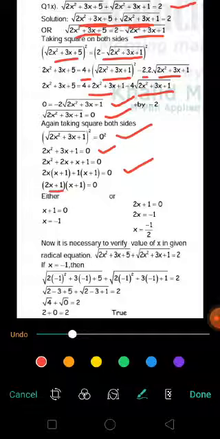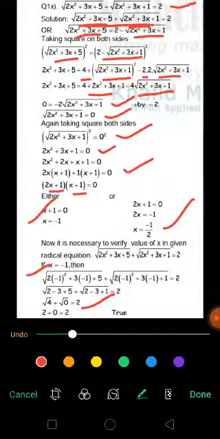Taking each factor equal to 0, it would give x equals minus 1, and x equals minus 1 by 2. These are the two roots of this equation. But now checking which one is the real root and which one is the extraneous root. Putting x equals minus 1 in the equation first, you get 2 equals 2, which is true for this equation.